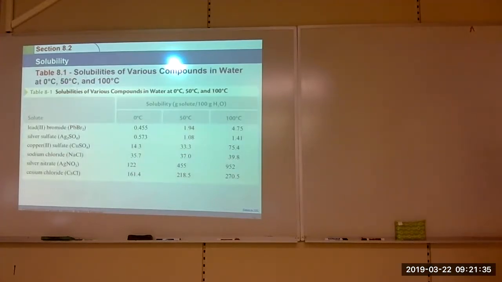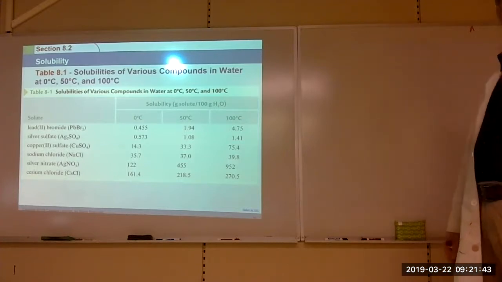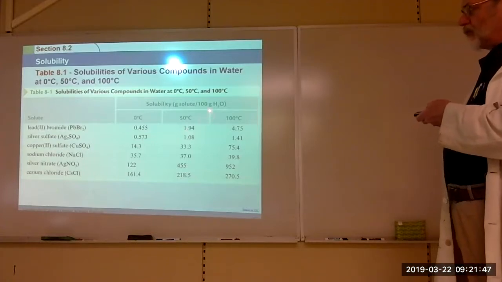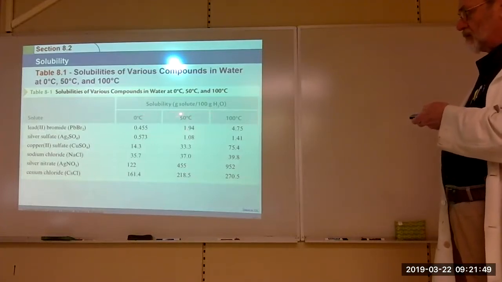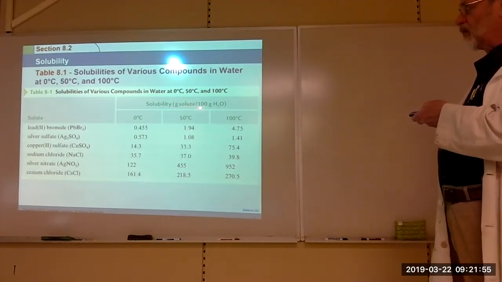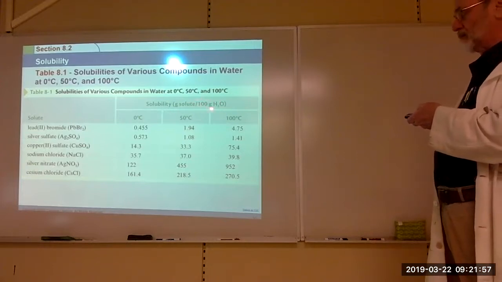Okay, so here's how we express it. Usually when you look up the solubility of a compound in a reference manual, and it's usually referenced to water, it will give you a temperature, and it will give you the units of measure as grams of solute per 100 grams of water.